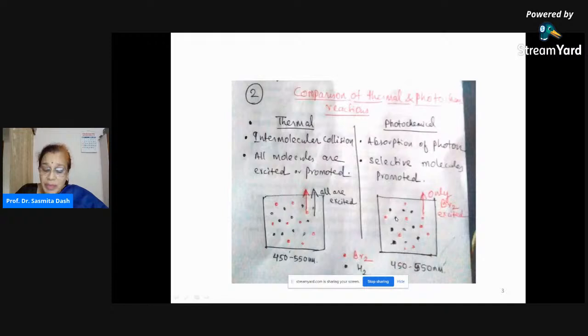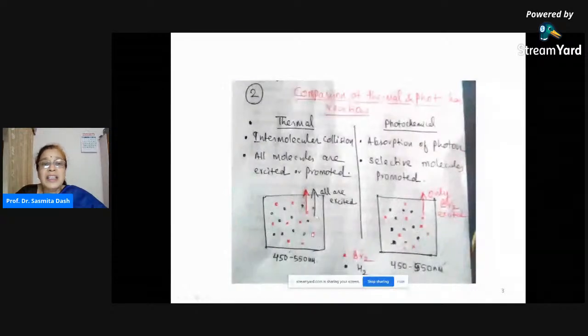In photochemical reactions, however, the activation energy is acquired by absorption of photons of light associated with a particular amount of energy. By using a monochromatic light of a particular wavelength in the visible or UV region, it is possible to excite a particular atom or molecule in a reaction mixture instantaneously to an excited state. Thus, in a photochemical reaction, selectivity is possible, which is not possible in a thermal reaction.